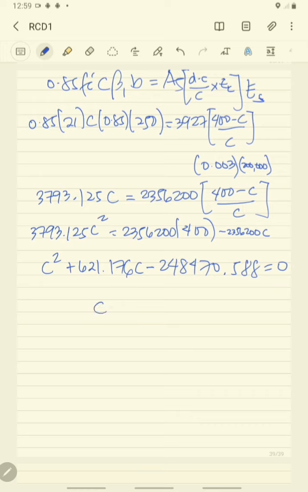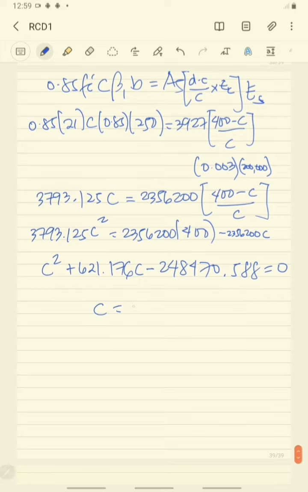So c is equal to... I missed the sign. That is negative 248470.588. So the answer is 276.